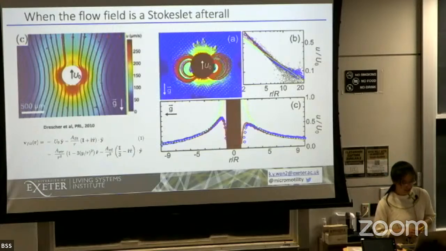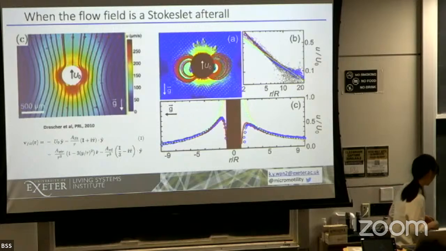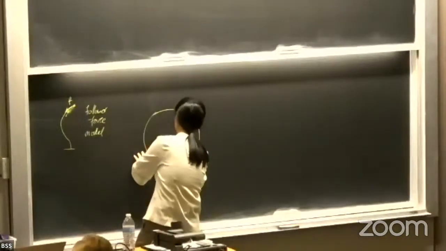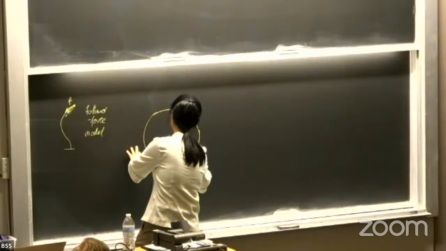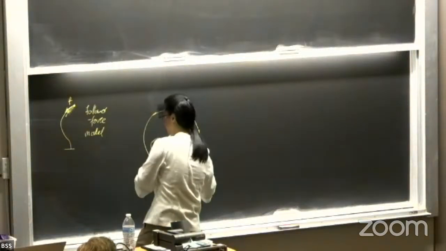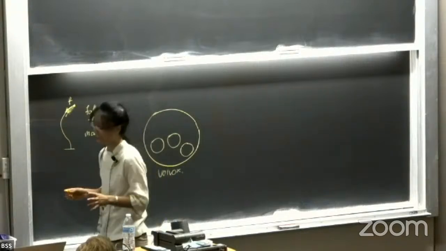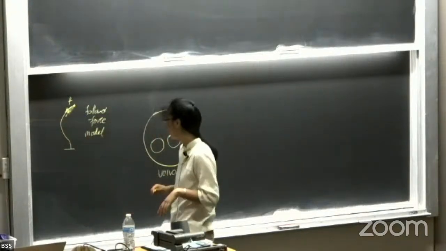This is typically on the order of 0.5 millimeter in size. And the reason for the sedimentation, if you picture this, is this uneven distribution of cells on the interior of this multicellular organism.